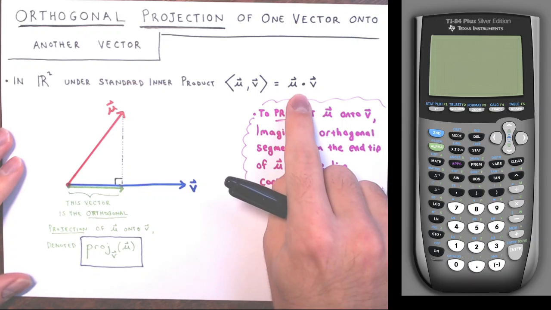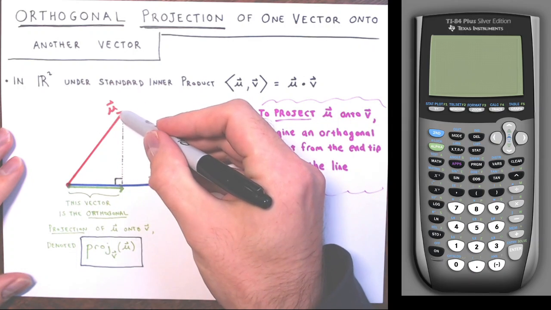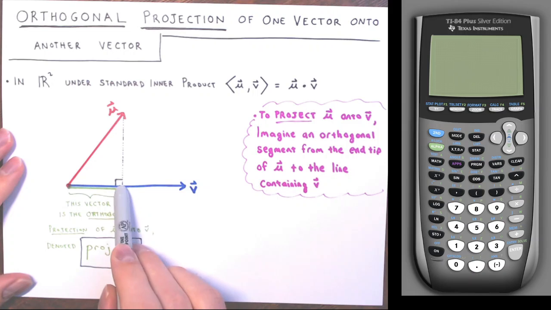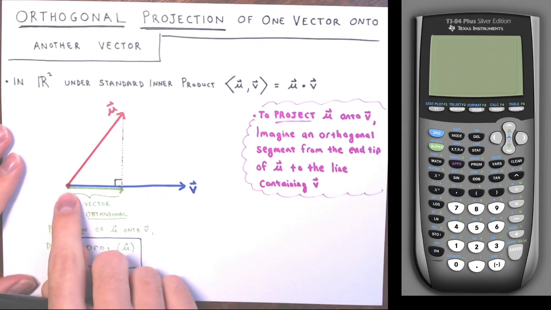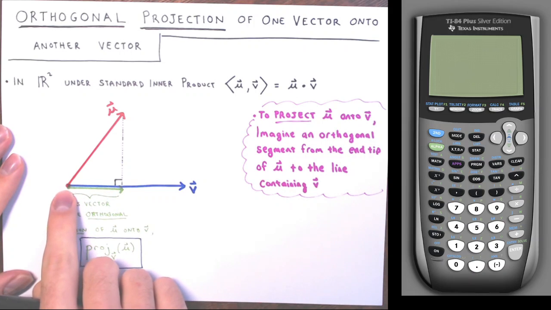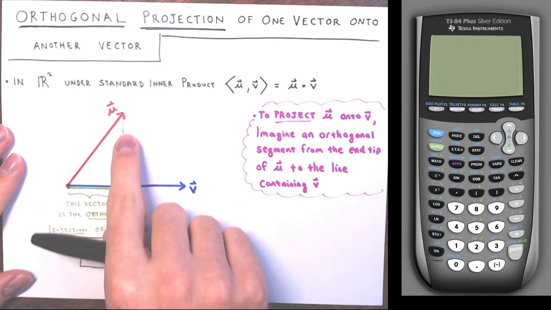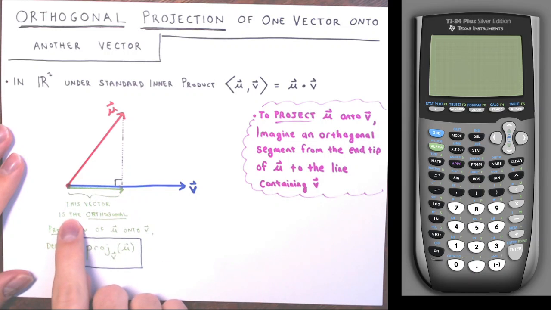Now, because I'm dealing with the dot product on Euclidean space, orthogonal has the same meaning as perpendicular. So here my orthogonal segment forms a 90-degree angle, is perpendicular to the line containing vector v here. Then this vector, from where the vectors u and v meet to this point that's directly beneath the end of vector u, is called the orthogonal projection of u onto v.